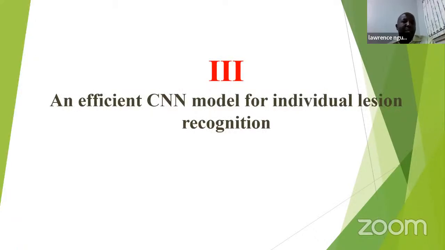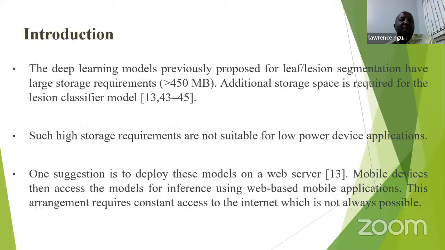Finally, we went a step further and looked at the efficiency of the CNN model for individual lesion recognition. Here we note that the models proposed earlier were quite large in terms of their memory requirement, in excess of 450 MB.